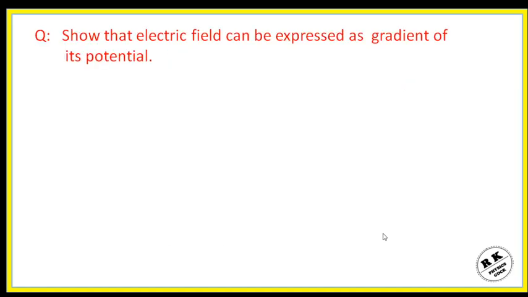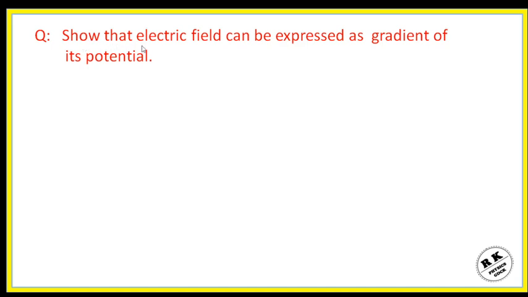Let us see a possible question on this topic. Again, this question is a link question for the topic we are discussing. If it is asked separately, the question will be somewhat different.